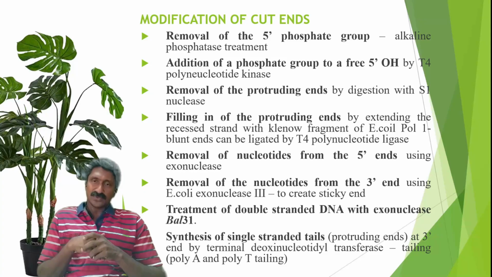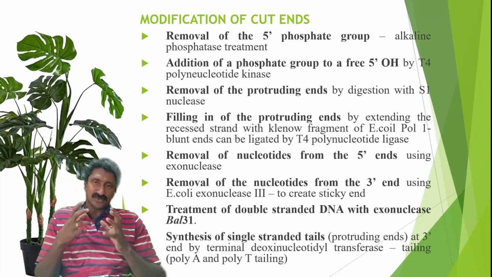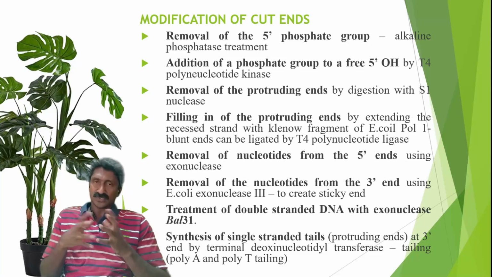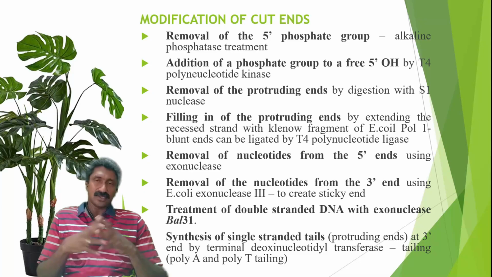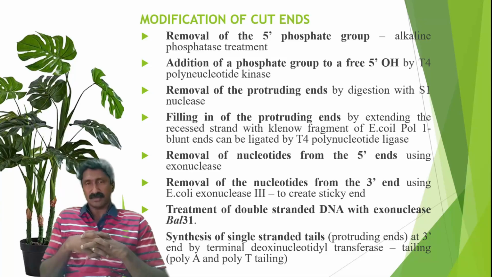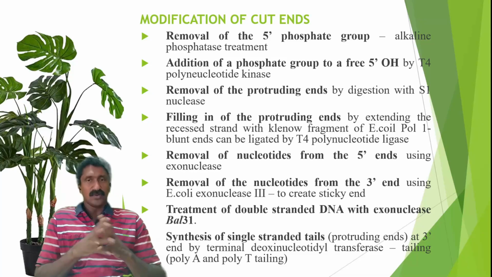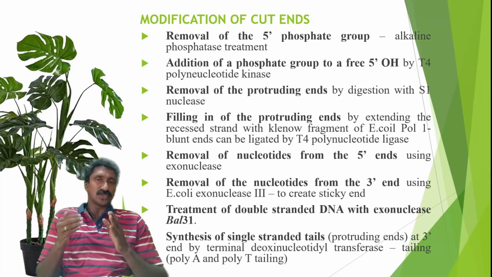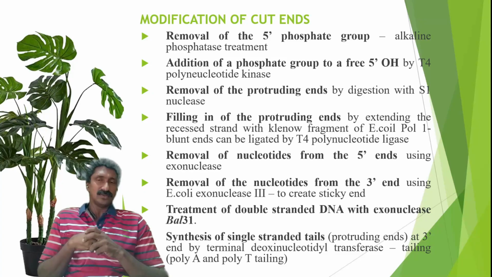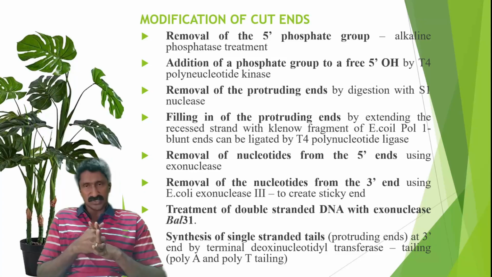Okay, so it's actually a treatment which is given to such DNA strands so that unwanted or unnecessary binding with other fragments, or random binding, is not possible. So the removal of the 5' phosphate group by alkaline phosphatase treatment is one of the standard procedures to control your recombinant DNA production process.